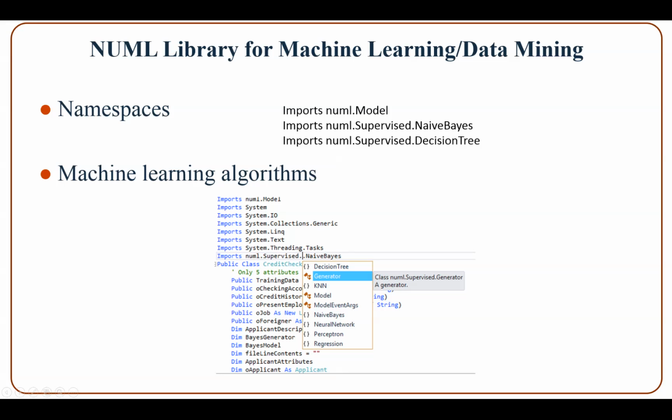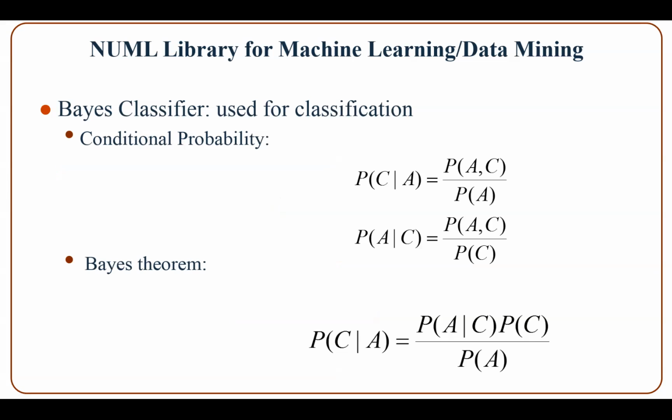There are a number of machine learning algorithms provided by this library. The credit card approval classification example is based on the Bayes theorem. Given a data set with a number of attributes as well as the class label, and the class label can be approved or disapproved.